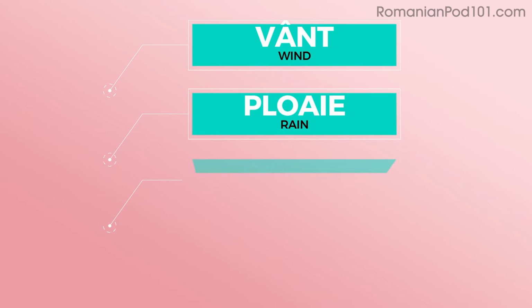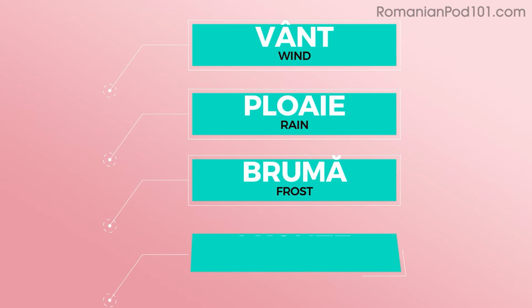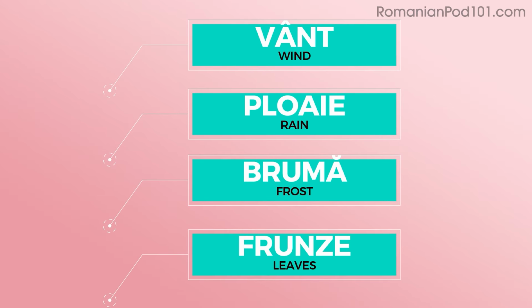So there you have it. By paying attention to these natural elements, vânt, ploaie, brumă, and frunze, you can better understand the transition from summer to autumn in Romania.